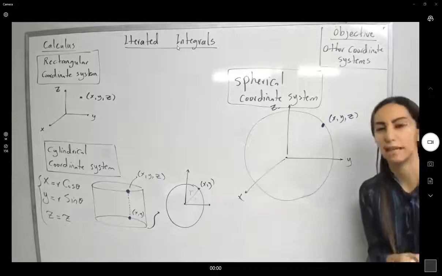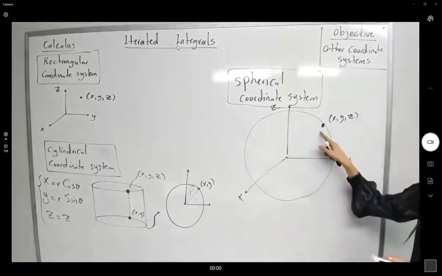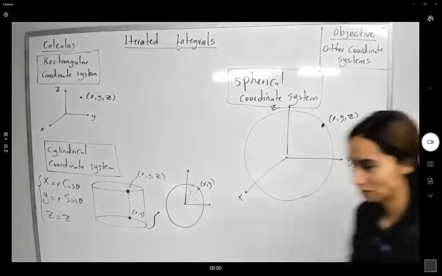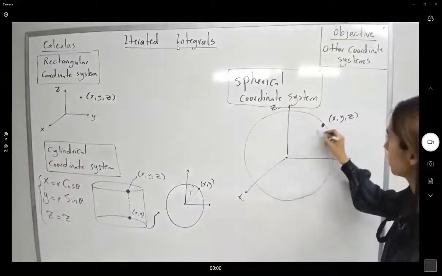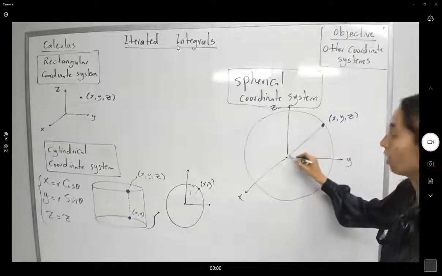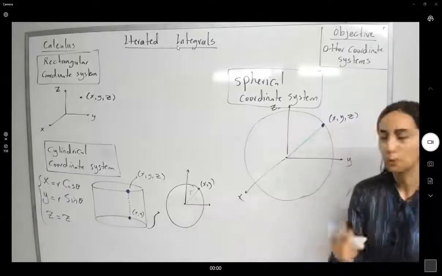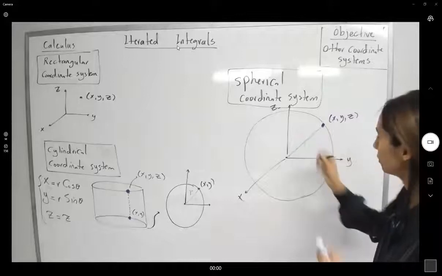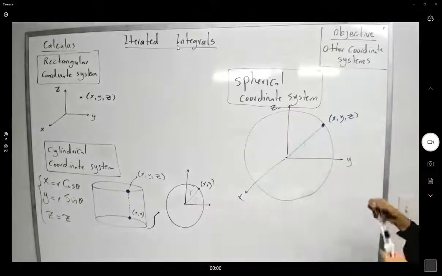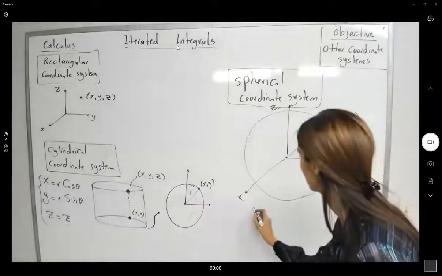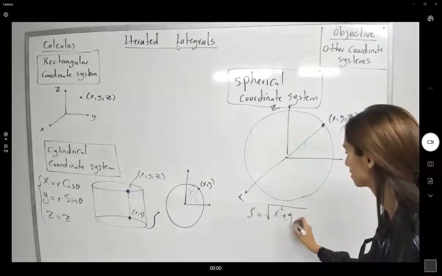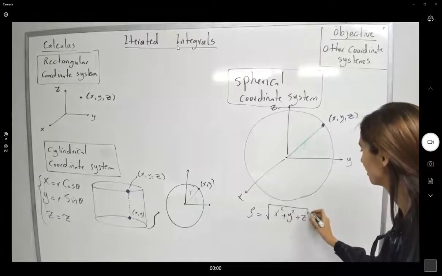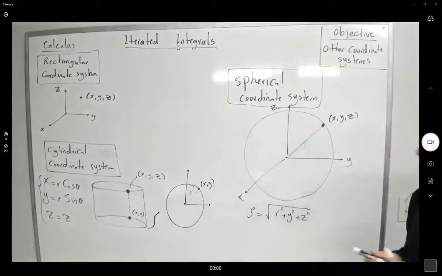We can define the distance between this point and the origin. The distance is just right here. We call this distance rho, and we say that rho is equal to the square root of x squared plus y squared plus z squared. This is our rho.